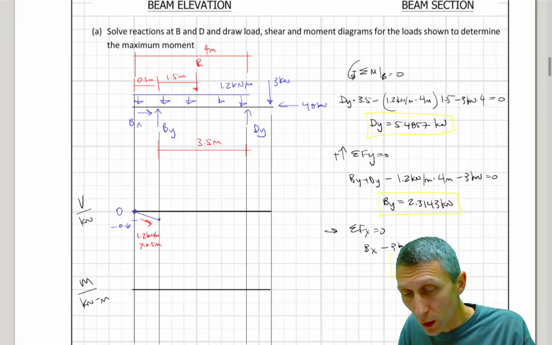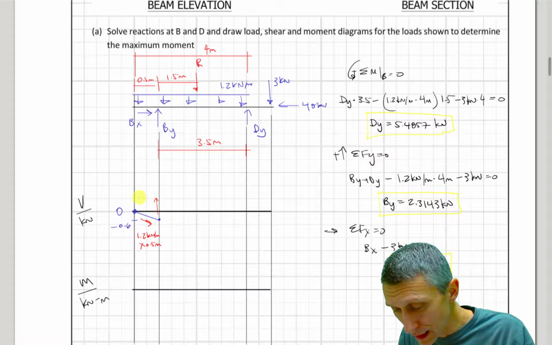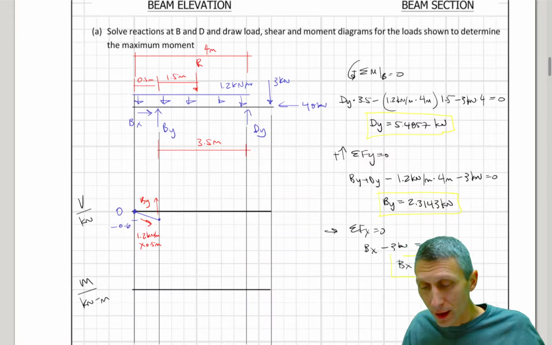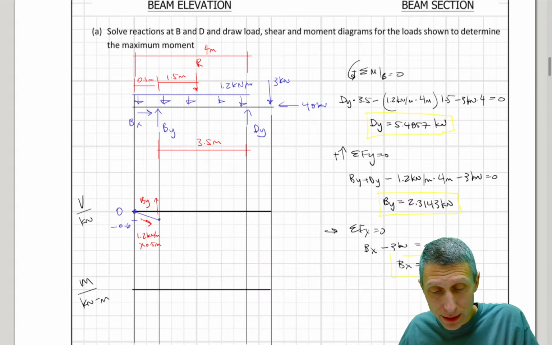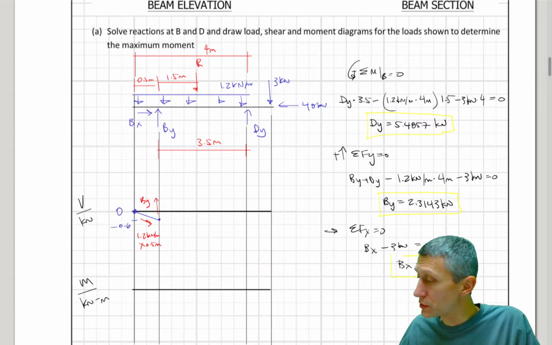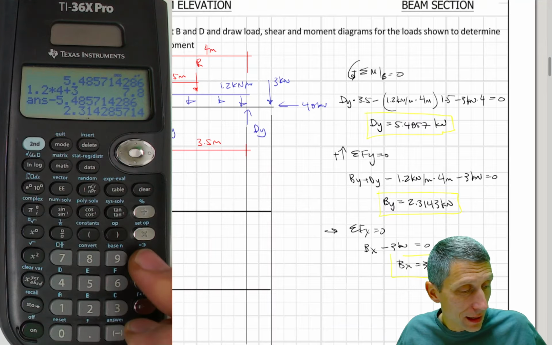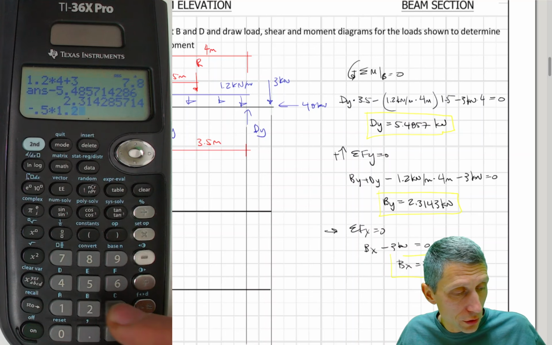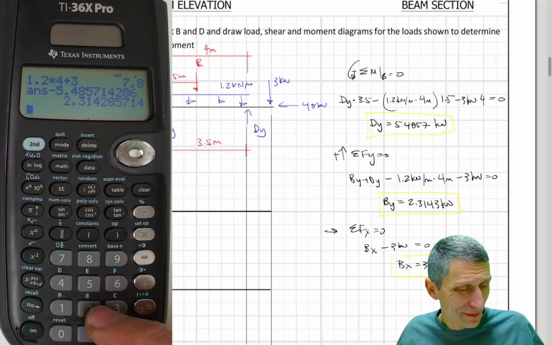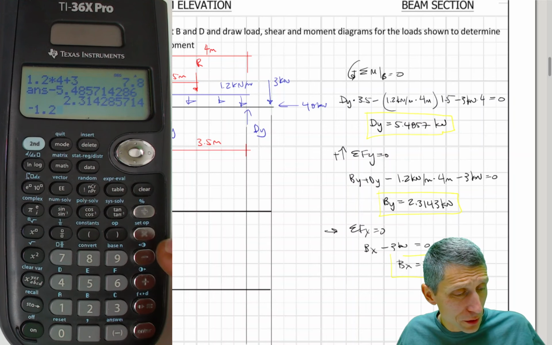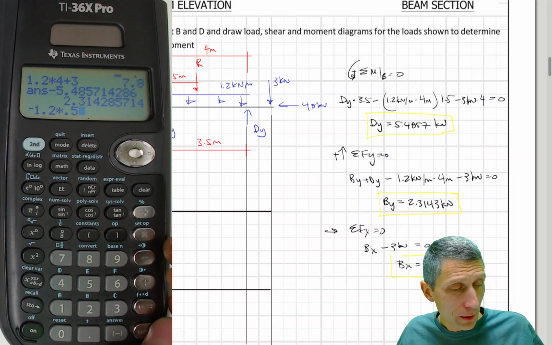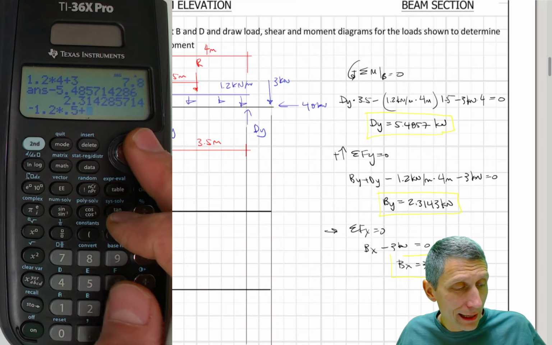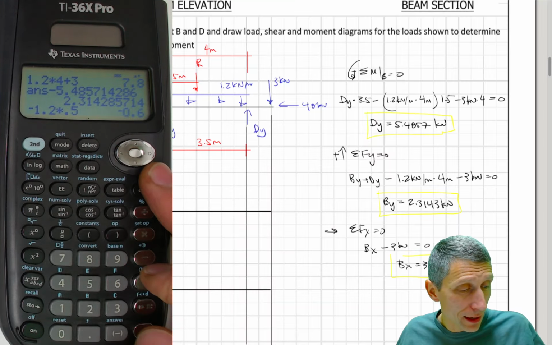What happens next? Well, BY is going to take us up, right? So how much is BY? BY is 2.3143. So minus 1.2 kilonewtons per meter times a half a meter gets me down to the minus 0.6.